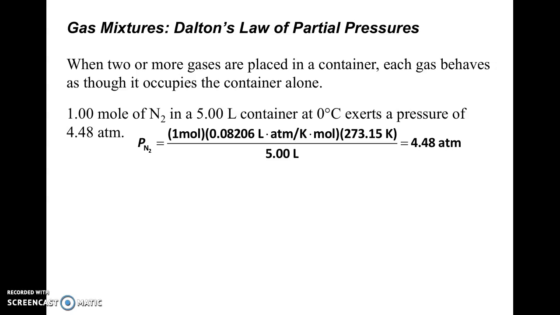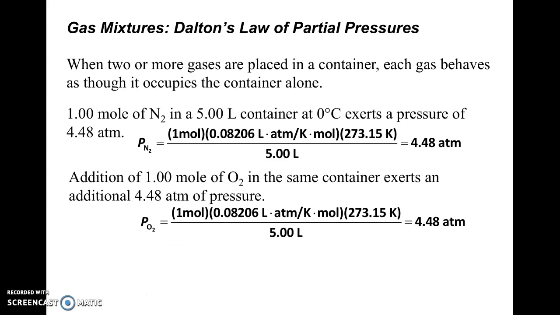If you had 1 mole of nitrogen gas in a 5-liter container at 0 degrees C, you can calculate the pressure, putting in that value for the ideal gas constant of 0.08206, and you get a pressure of 4.48 atmospheres.